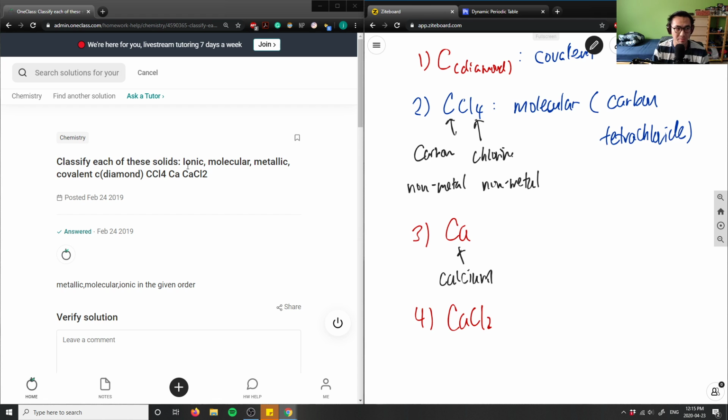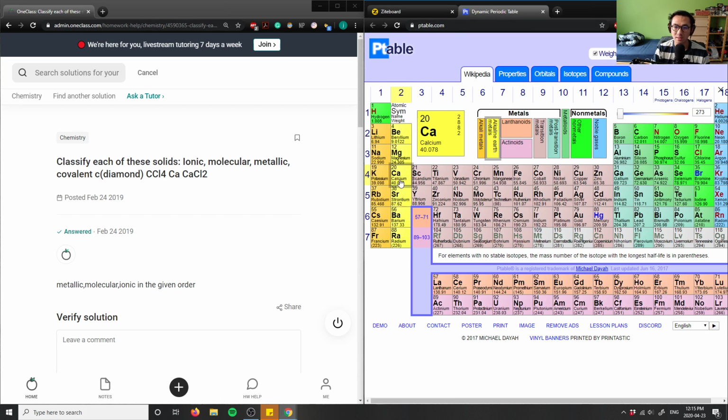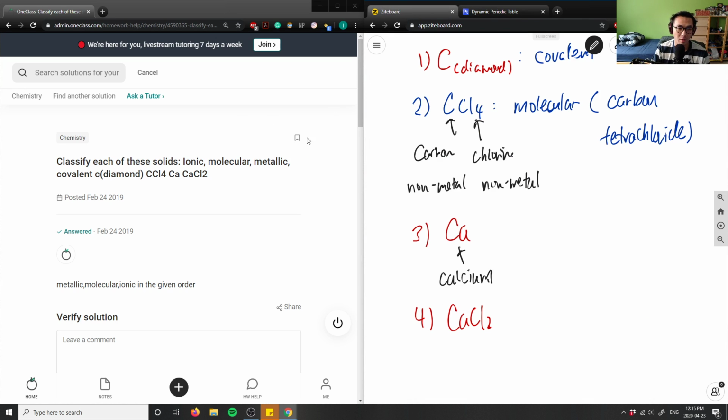We have ionic, which is a metal and a non-metal. Molecular is a non-metal and non-metal. Metallic is a kind of special solid where it has kind of a multivalent compound here. And in this case, calcium has a charge of 2+, which means it's not multivalent. So in this case, we don't have a metallic bond going on. And then covalent is simply just a network of carbons basically.